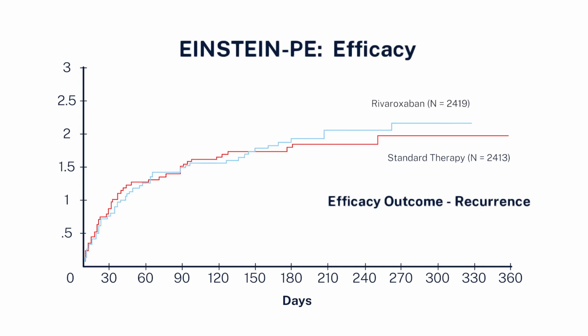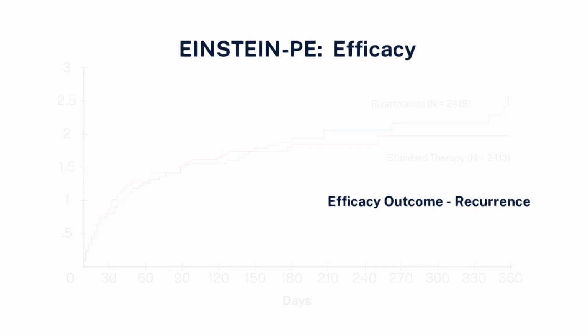And then the rivaroxaban arm had almost the same cumulative incidence. Look at how that curve completely overlaps the standard of care arm. So as we can see here, this is also a non-inferiority, very similar level of efficacy for rivaroxaban as compared to our standard therapy with vitamin K antagonist.